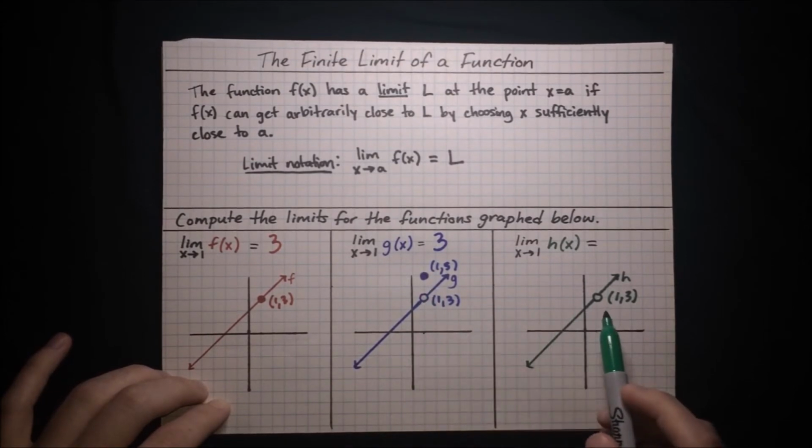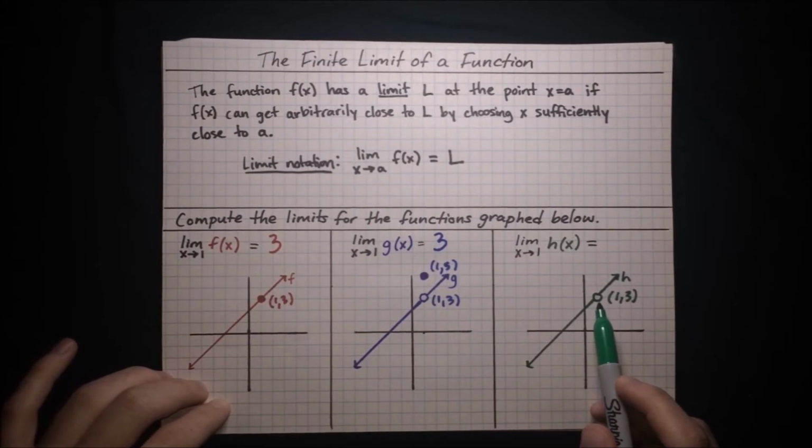But in this example here, the function value doesn't even exist for the x input of 1. But again, that's okay because with limits, we don't care what a function actually does at some point. All we care about is where the function looks like it's going. So we don't care that the function is not defined at x equals 1, we just want to know where does the function look like it's going based on the surroundings around x equals 1.